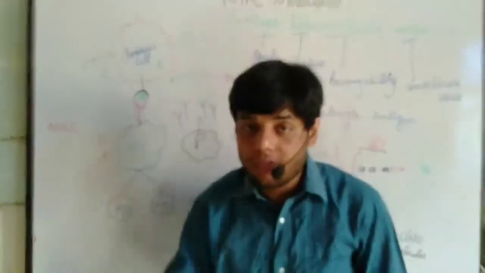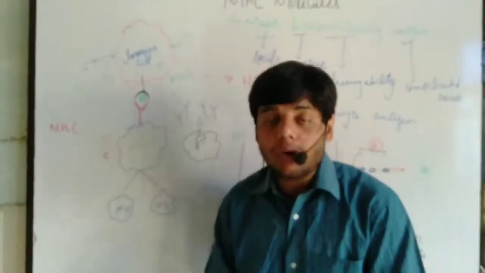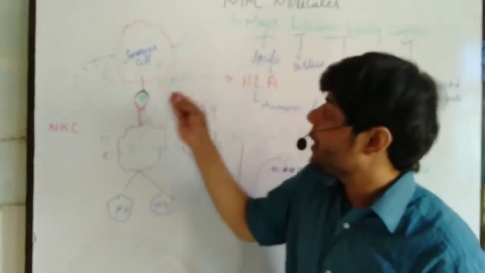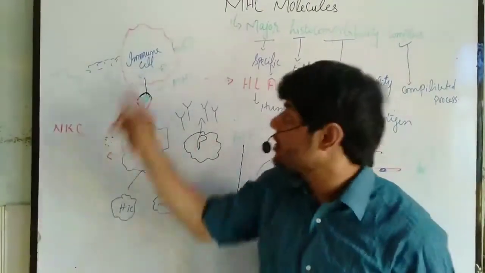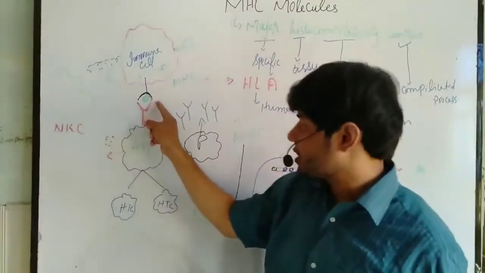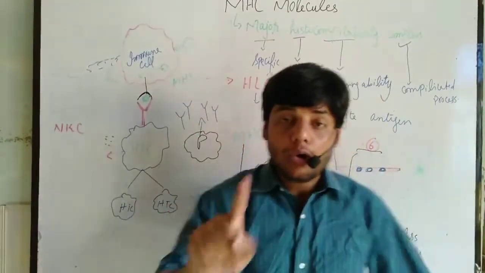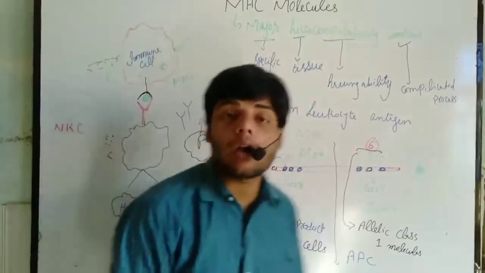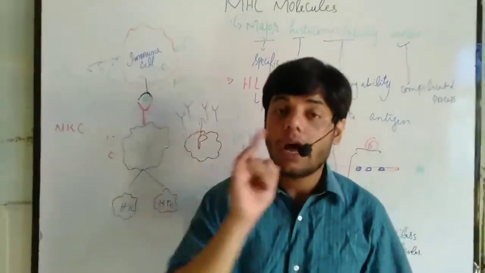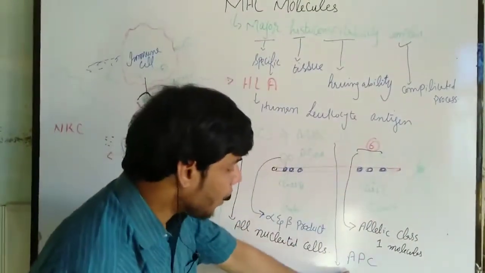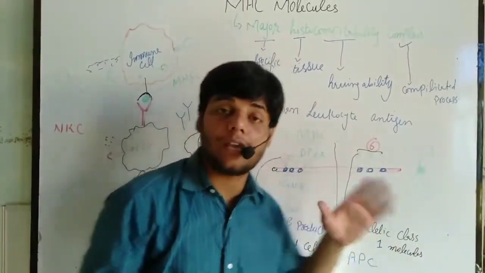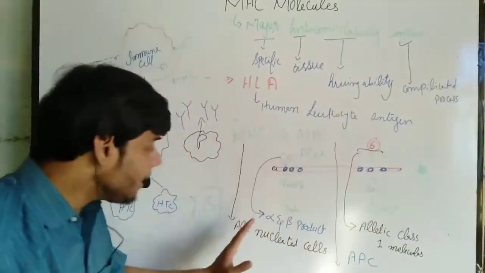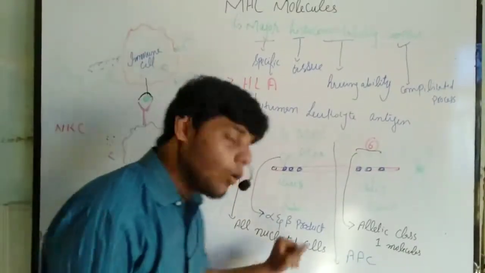Because they engulf, break the antigen down into small fragments, and then present each bacterial portion or antigen to their receptor, and each receptor we call an MHC molecule. Remember, MHC2 molecules are always present in antigen presenting cells, and similarly MHC1 molecules are always present in all nucleated cells.